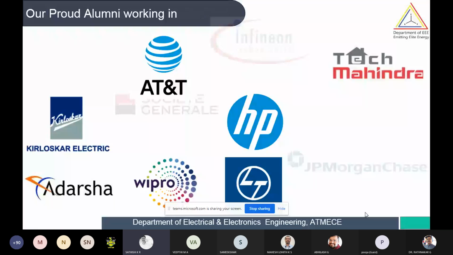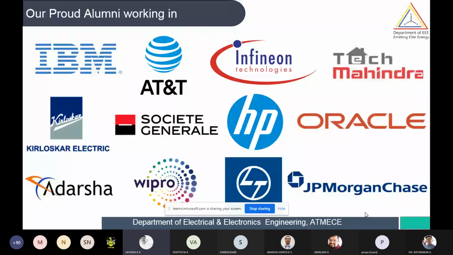Our alumni of the Department of Electrical and Electronics are working in prestigious companies such as IBM, AT&T, HP, Kirloskar Electric, Adarsha Control and Automation Solutions, and Wipro.